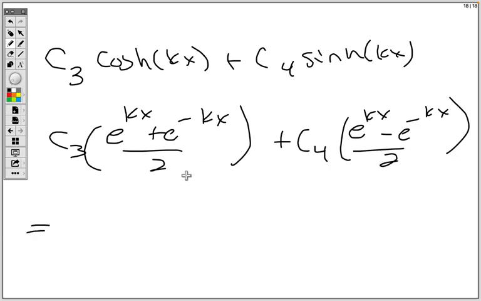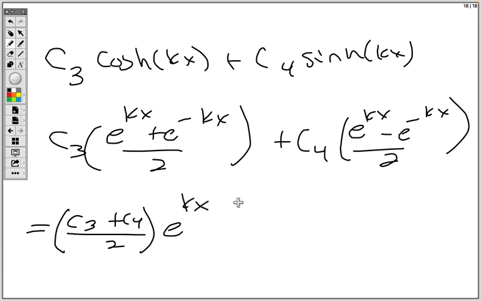And notice what I've got here is a linear combination. If I look at e to the kx, I've got a C3 plus C4 over 2 e to the kx, plus, and if I look at an e to the minus kx, I've got a C3 minus C4 over 2.